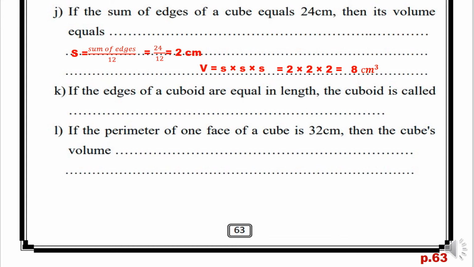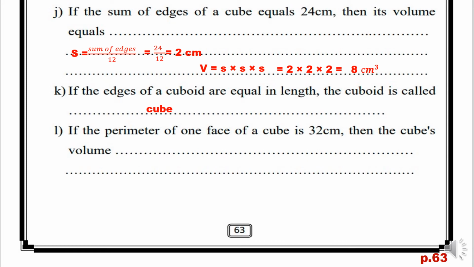Letter K. If the edges of a cuboid are equal in length, the cuboid is called a cube, of course. If in a cuboid all its sides are equal, it will be a cube. If the perimeter of one face of a cube is 32 centimeters, then the cube's volume equals... To get the volume, it's equal to side times side times side.